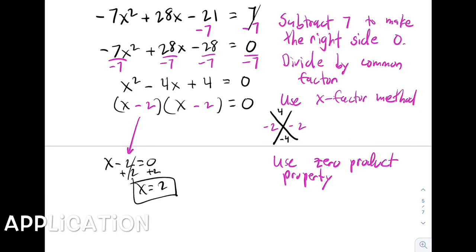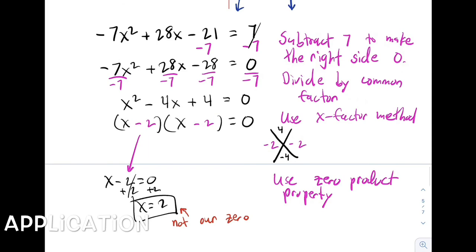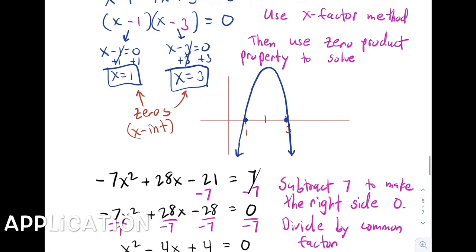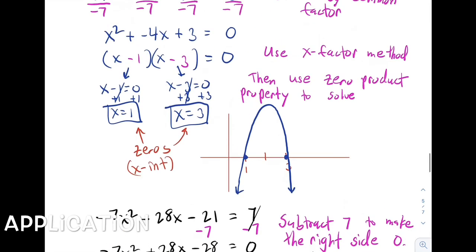Okay, so how can that be applied, right? So x equals 2. This is not our 0, because our equation was not equal to 0 in the beginning. It says when is it 7, and why does this matter, right?